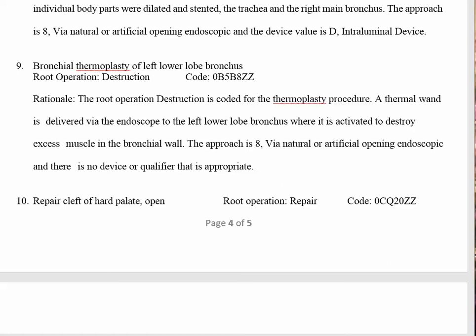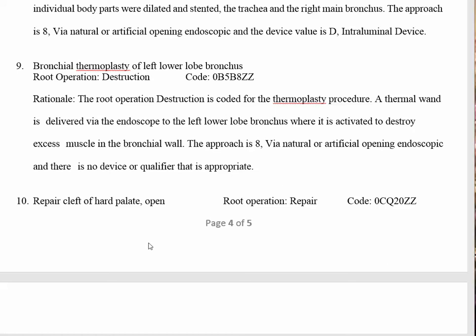But it is done via bronchoscopy. Because anatomically, the bronchus is on top of your lungs. They're going to go through the mouth to get to them.